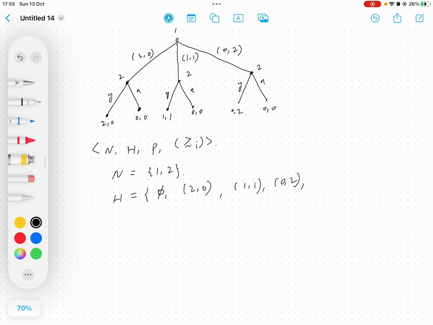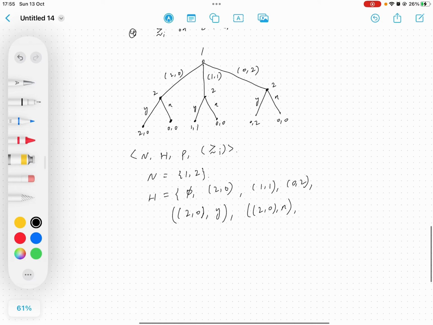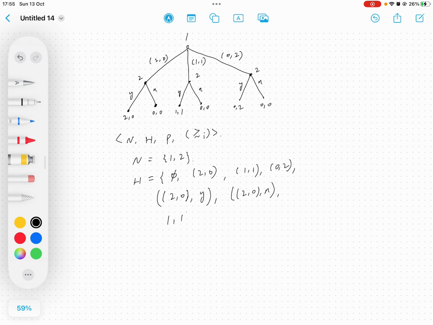After 2 0, player 2 could play either yes or no. So 2 0 and Y together is also a history, and similarly 2 0 N, and also similarly 1 1 Y, 1 1 N, 0 2 Y, 0 2 N. That's a lot.